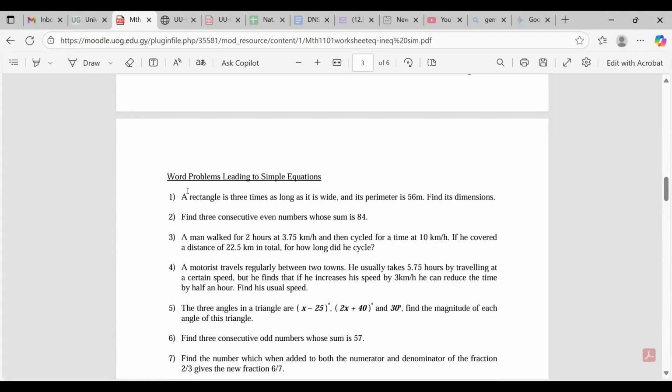What can help you to model a problem is if the problem lends itself to a diagram, draw a diagram. Use the information to see if you can model it on a diagram. There are questions that might not lend itself to a diagram. Well, you have to find some other way to do it, right? But if you can draw a diagram, it will be good.